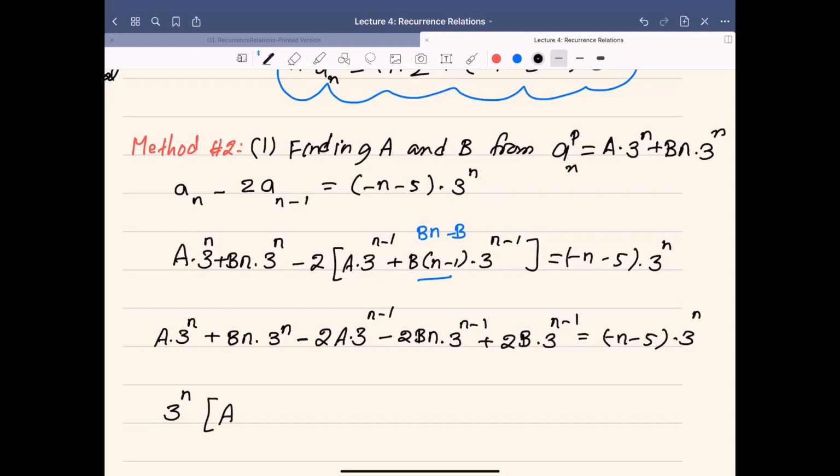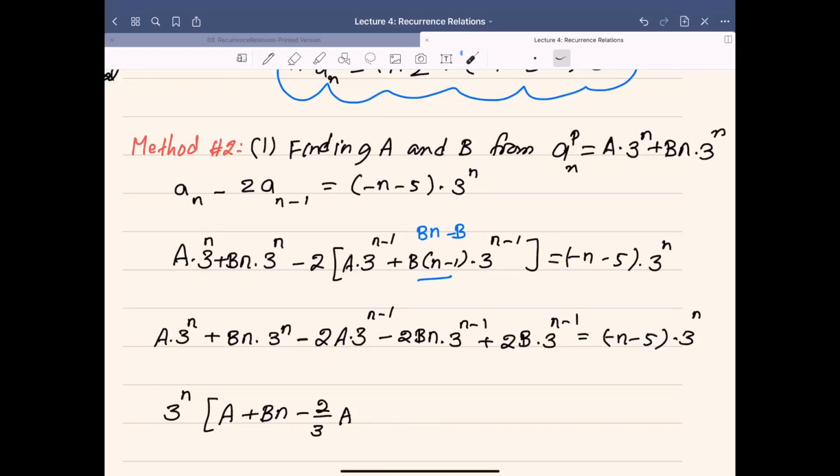So we will end up with A plus Bn minus 2 over 3 A. And why are we having minus 2 over 3 A? Because if you take 3 to the power n common, what remains is 3 raised to power n minus 1, which is 1 over 3, multiplied by 2, like the previous example.